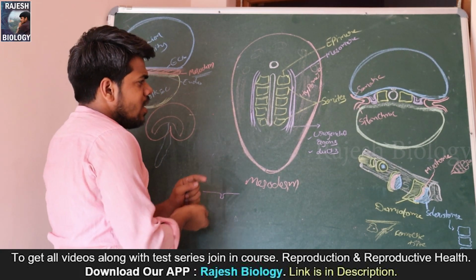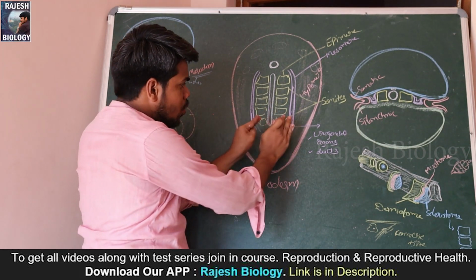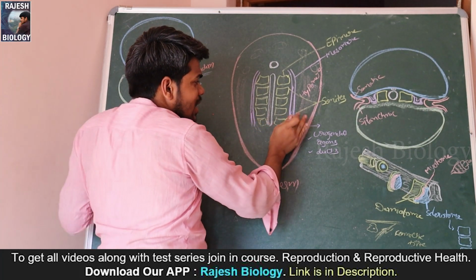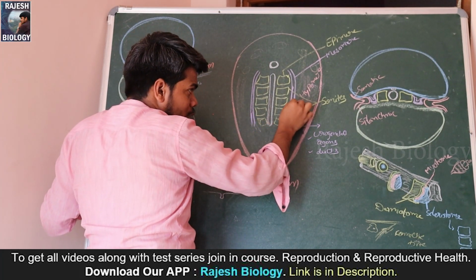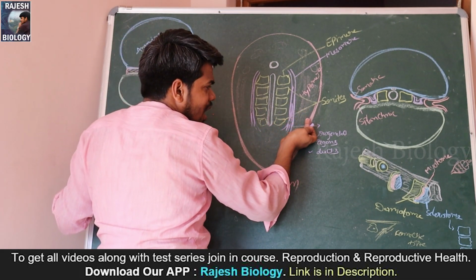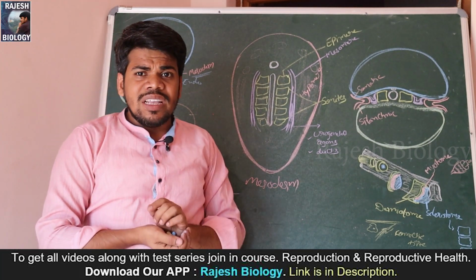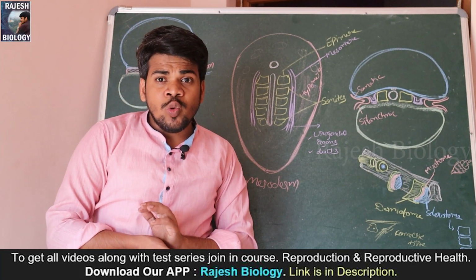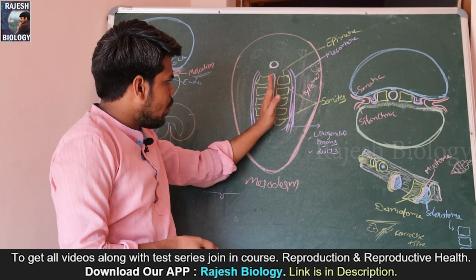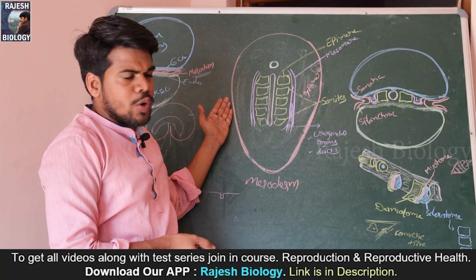This groove divides the mesoderm into three parts: the mesoderm within the groove, a mesoderm on this side, and a mesoderm on the other side of the groove. The mesoderm is exactly divided into two copies, one on one side of the notochord, another on the other side.